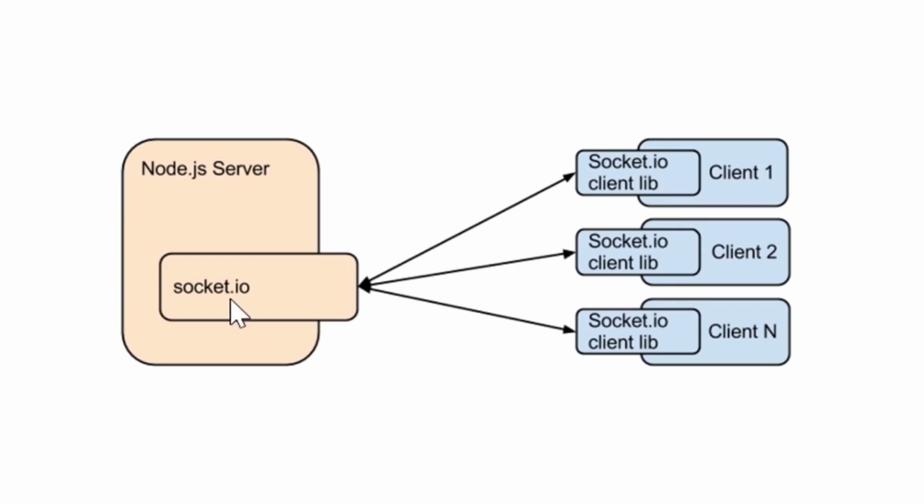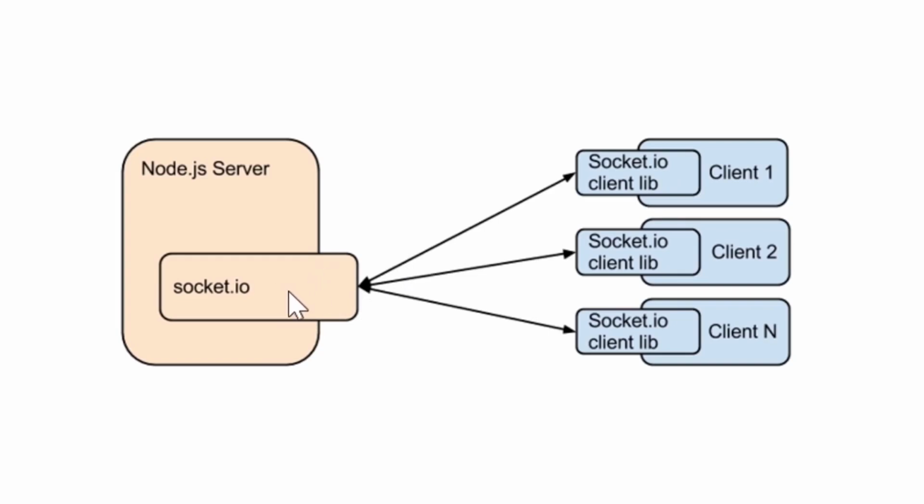So the way that it works is once a client connects to the server, it's going to also have its own socket. So whenever the client does something, sends out some type of event, it's going to send that event out to the server, and the socket will be listening for that event.